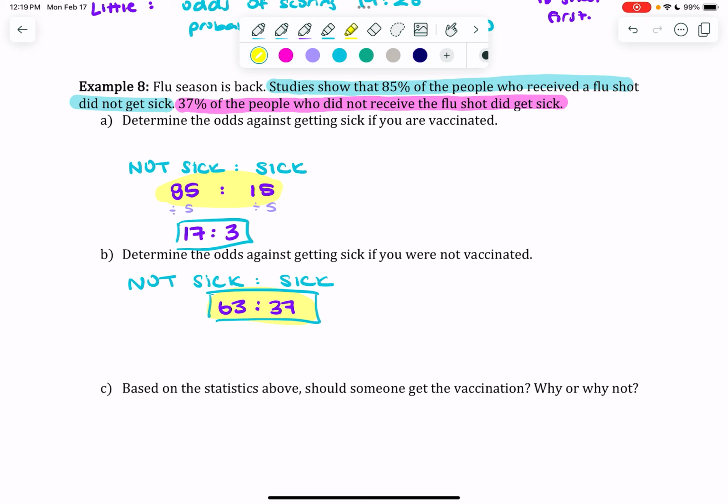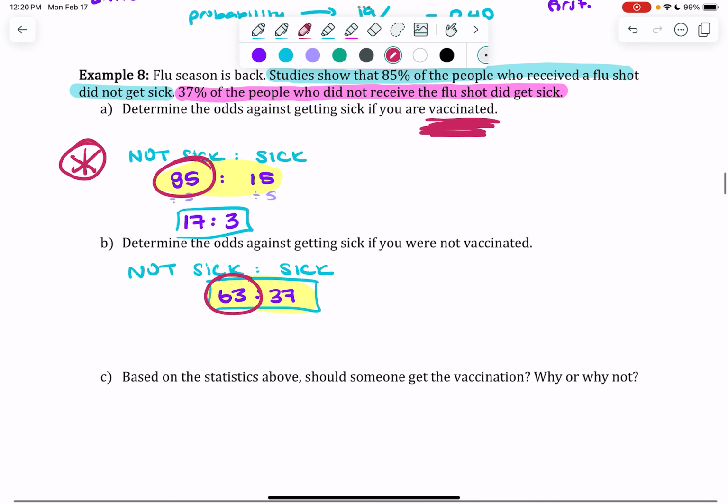So when I'm trying to decide, hey, should I get the vaccination, why or why not? I'm looking for the value that has the higher number of people that are not sick. And the not sick value that is higher occurs when I am vaccinated. Okay? And again, this is not personal opinions. This is not what I am necessarily trying to tell you to do. That's your own decision to make.